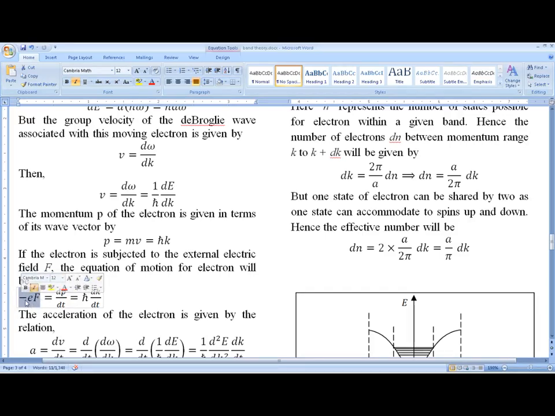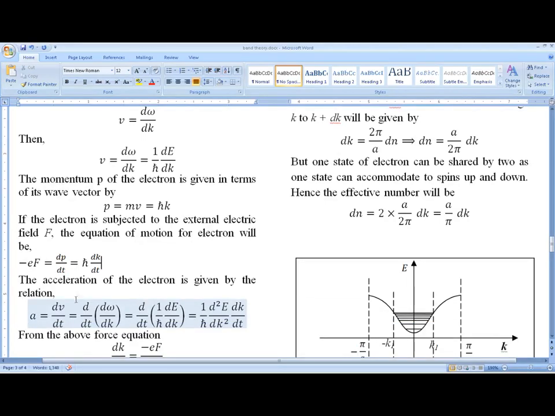According to Newton's law, that force is the rate of change of linear momentum, dp by dt, which is d by dt of h cross k, so h cross dk by dt.